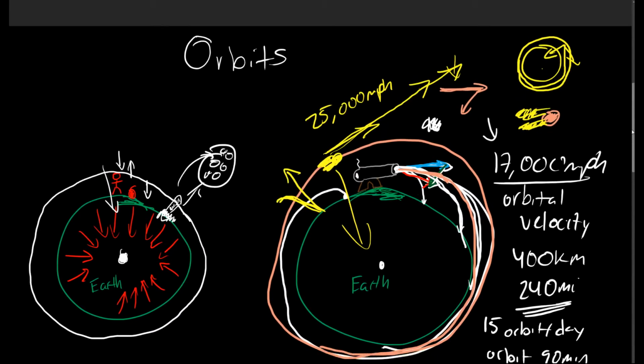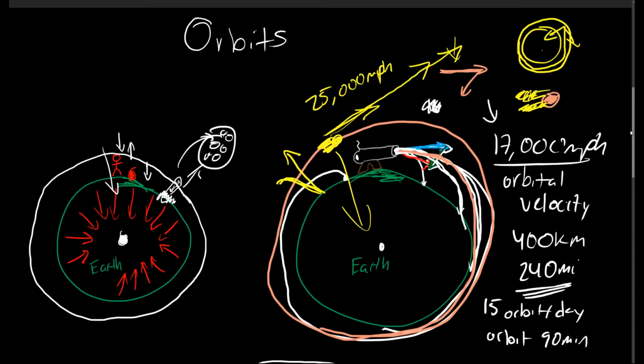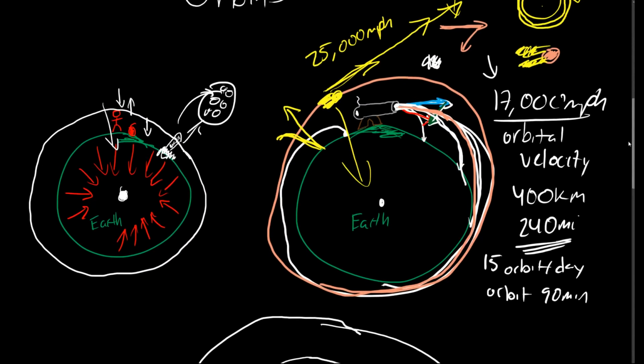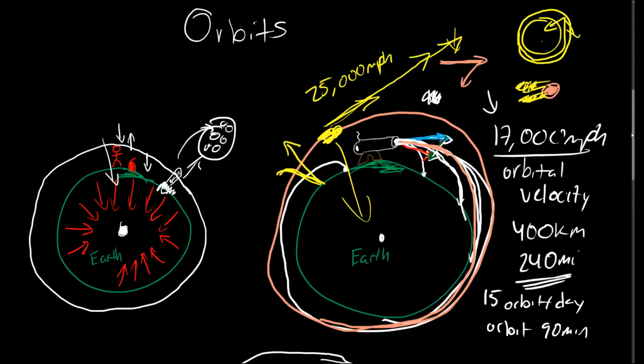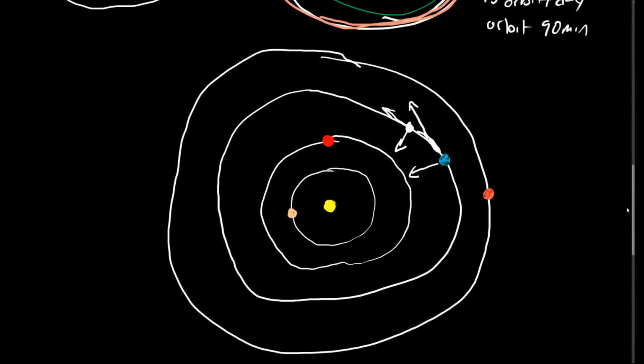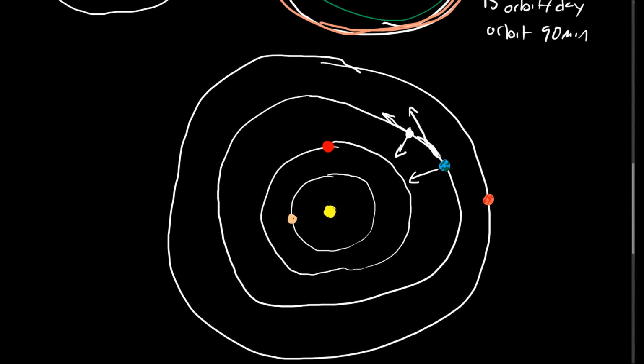So the velocities that we're dealing with here are very, very exaggerated compared to normal life, where we'd never go 25,000 miles an hour or 17,000 miles an hour. The Earth is traveling, I believe, like 30,000 miles per hour. Don't quote me on that. Maybe even more, some extreme number.